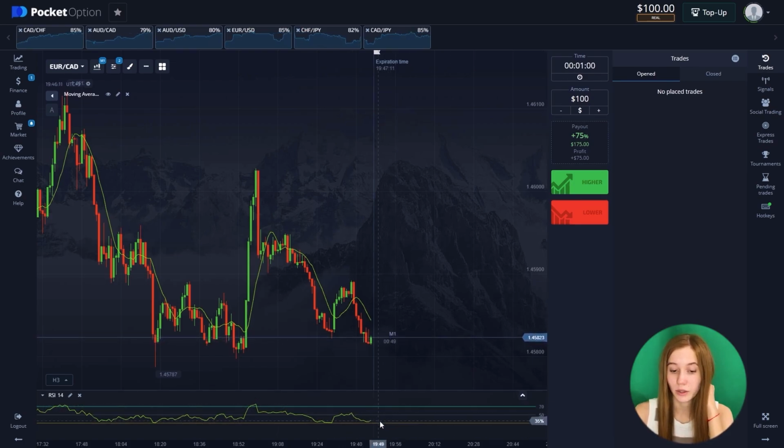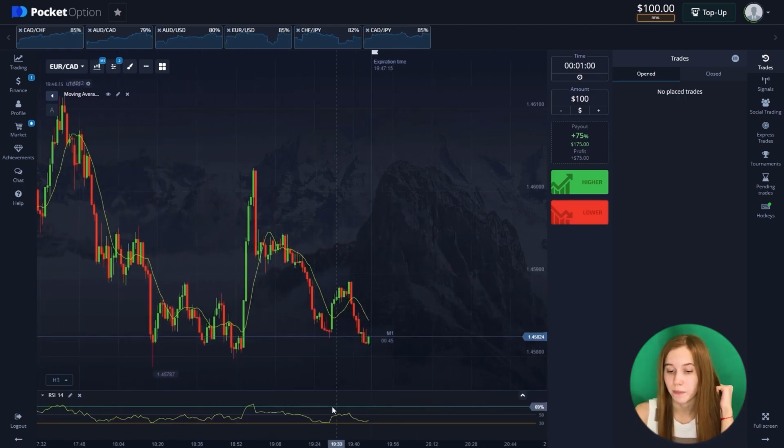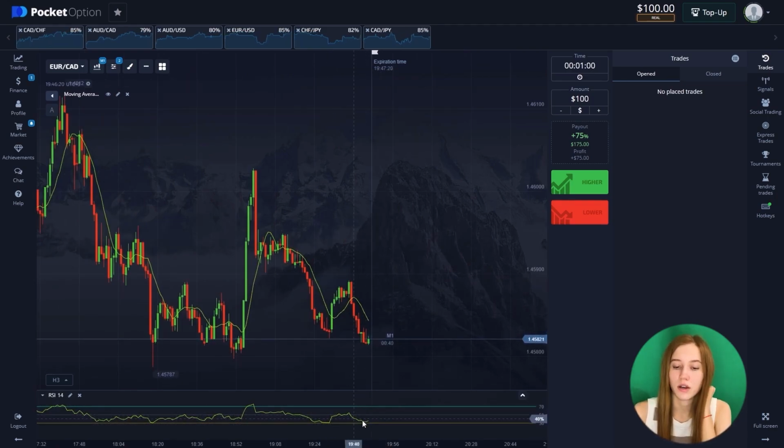Upper zone and lower zone. Upper is overbought and the lower zone is oversold. This indicator helps to understand in which direction our trend is sliding. It's going south.